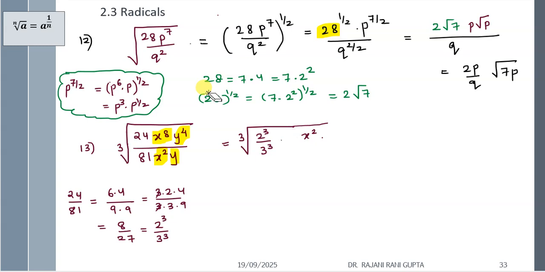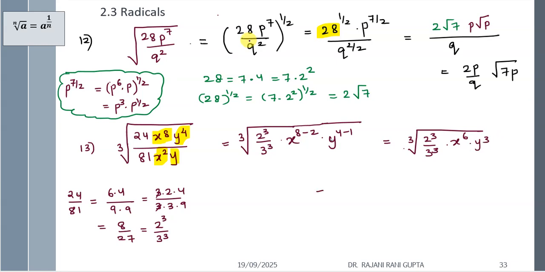Sorry, I forgot, what we were doing is merging the terms. So this gives you x power 8 minus 2 when you work only with these two terms, and for y, you get y power 4 minus 1. So this gives you cube root of 2 power 3, 3 power 3, x power 6, y power 3.